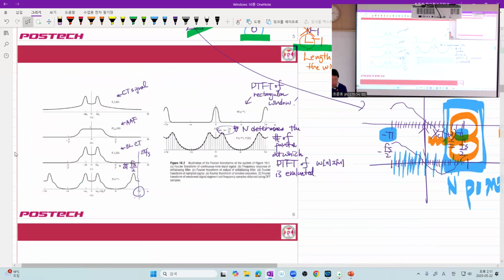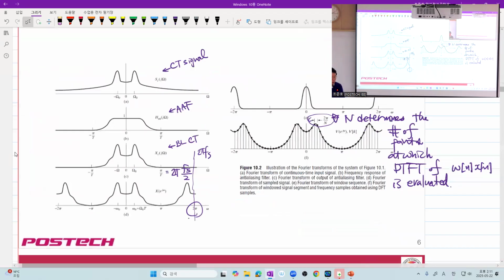So let's see one of the examples. Here is the CTFT of a continuous time signal, S sub C. By the way, our textbook uses capital omega and lowercase omega to denote radians per second, the angular frequency. Capital omega is for continuous time signals, lowercase for discrete time signals.